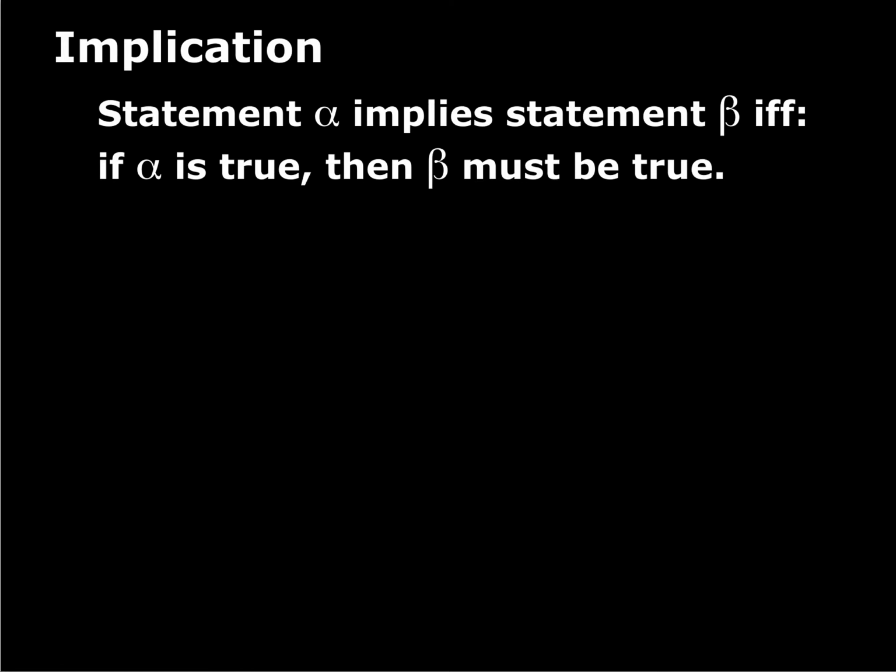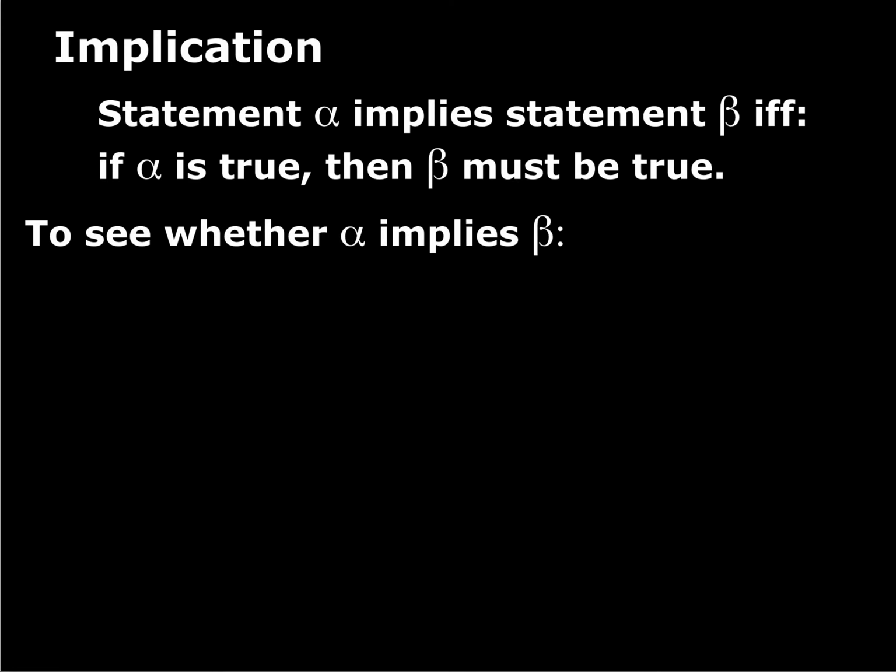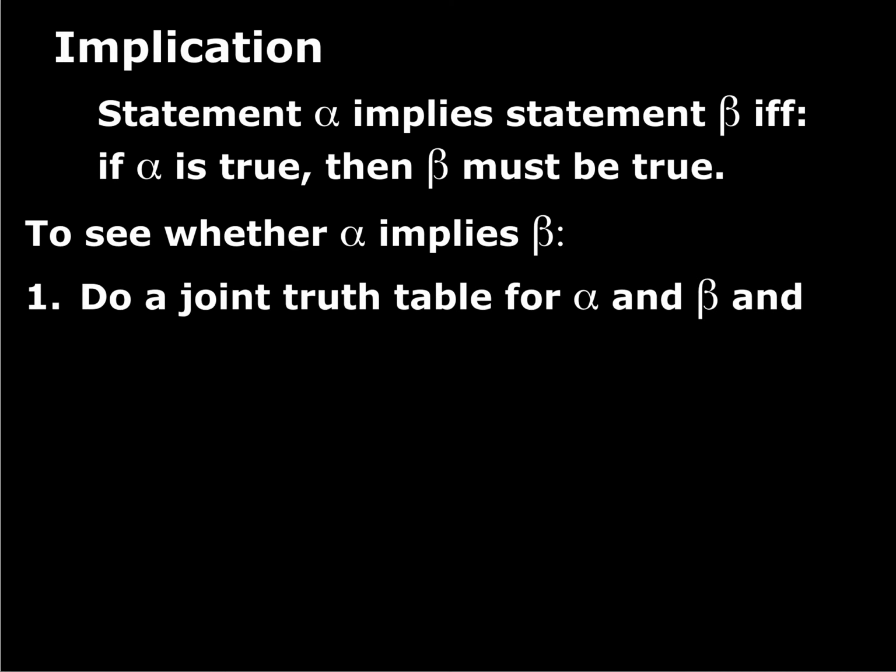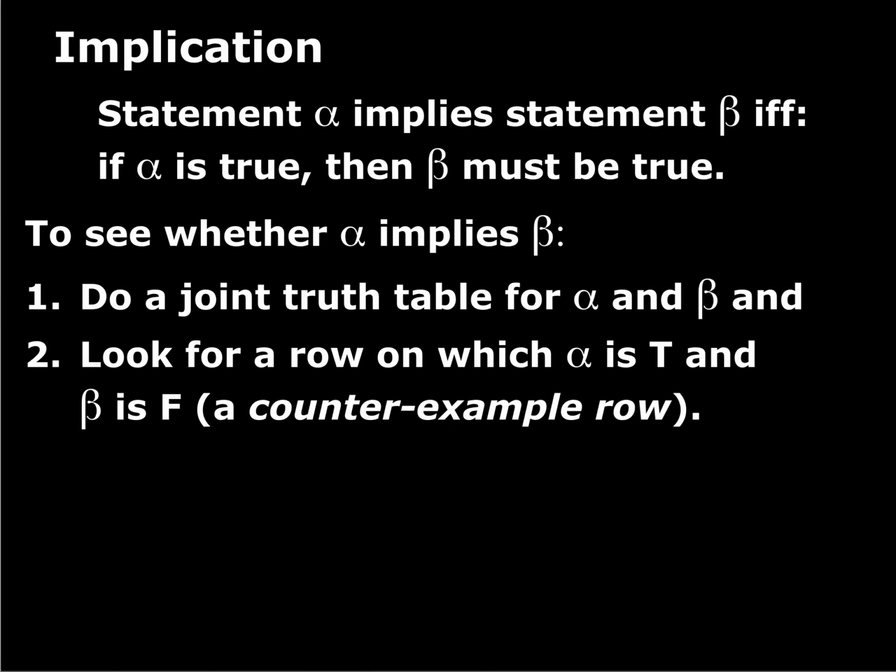Statement alpha implies statement beta if and only if, if alpha is true, then beta must be true. So here's the test. To see if alpha implies beta, you do a joint truth table that has both of those statements on it. Then you're going to look for a row, any row, where alpha is true and beta is false.